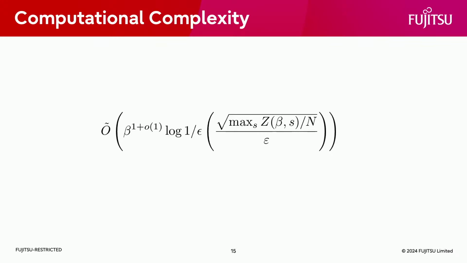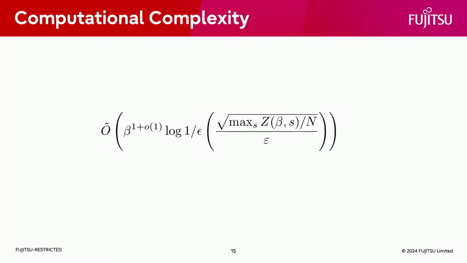So this is basically the kind of scaling that we get. We obtain what the block encoding methods also get, which is this polylogarithmic, this logarithmic scaling with respect to the systematic error.